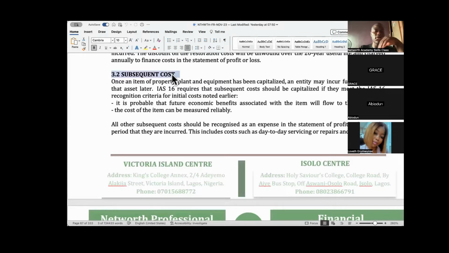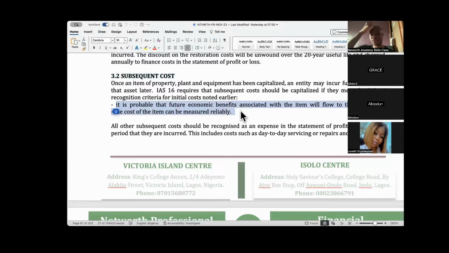And we mentioned that subsequent costs are costs that are incurred after the date of the transaction or during the year. And I told you that the main point there is that, are we going to capitalize this kind of costs or are we going to expense it? For you to capitalize it, it must meet the recognition criteria.